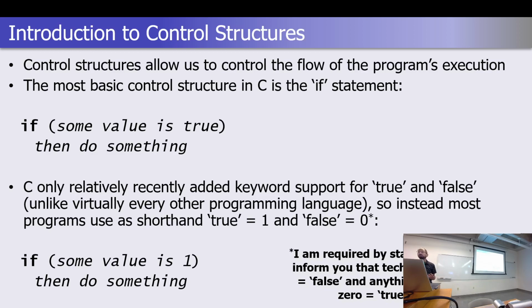And programs do use this fact all the time in C. So if we want to be really, really precise, the correct way to think about our if statement constructs in C is: if something inside the parentheses evaluates to non-zero, then do something. Only if what's in here evaluates to 0, then don't do that something. Sure. Any type of variable type, anything that's either 0 or not 0.